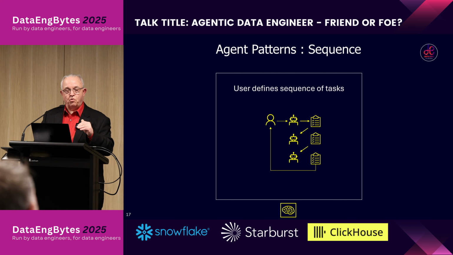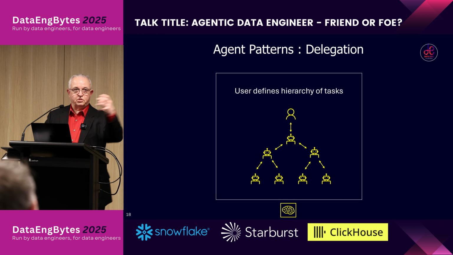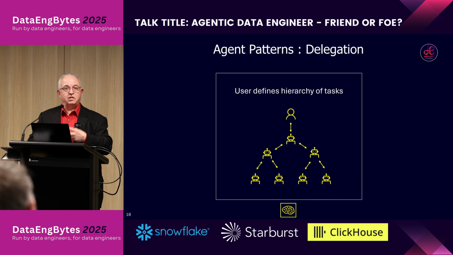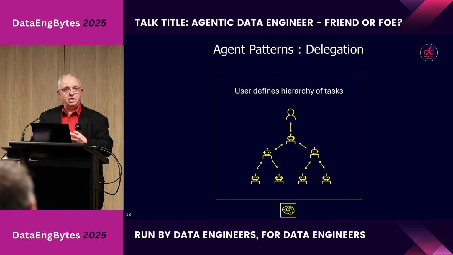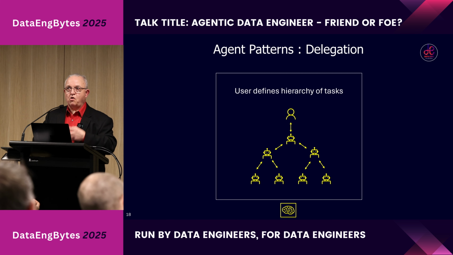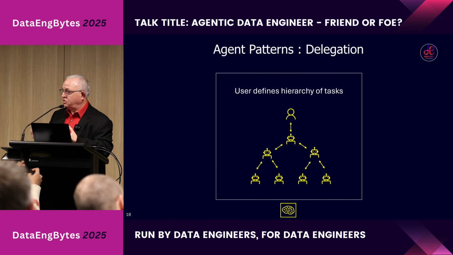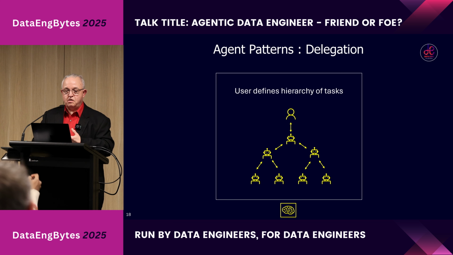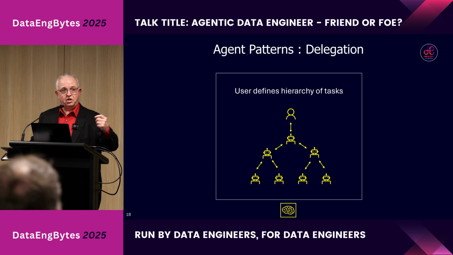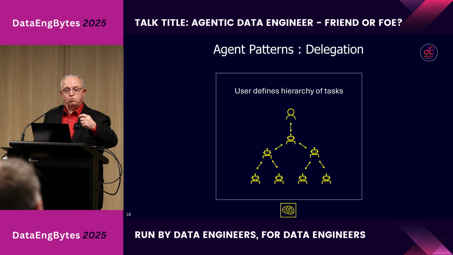Where it starts to get more interesting is where you move into delegation. So this obviously starts to look like a team structure, and there are a lot of parallels between designing team structures and designing agent structures. In this case, you'll typically have an orchestration agent who will own the overall task.